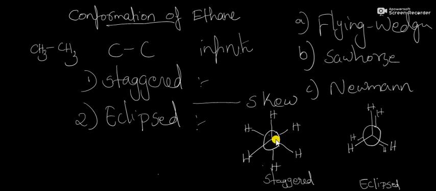The nearer carbon atom of that bond is represented by a point. This is nearer carbon atom, and the bonds to the three groups attached to it are represented by straight lines. These three straight lines are at 120 degree to each other.